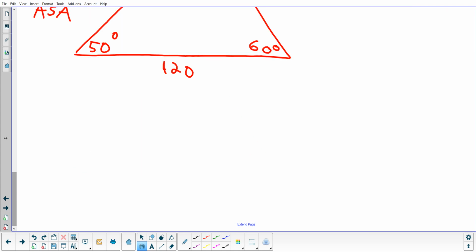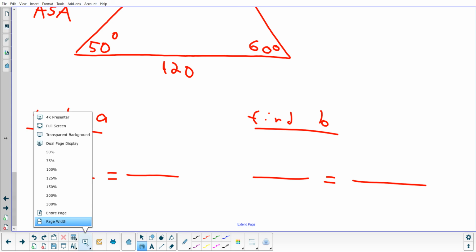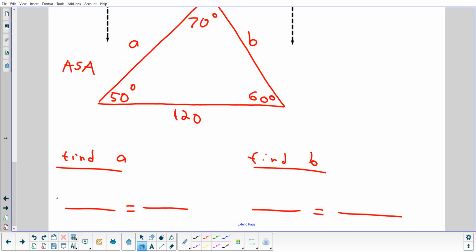Right, and let's just set it up to find A and B. So find A, find B. We don't have to go through the calculation, but we should just set it up. All right, how about, Sophie, what would I do to find A?